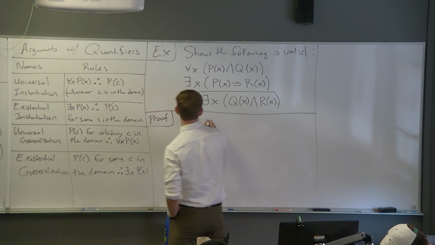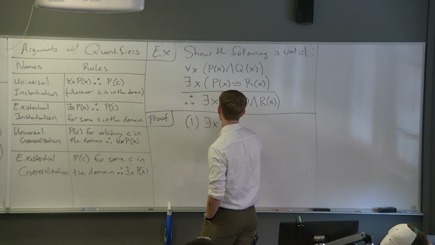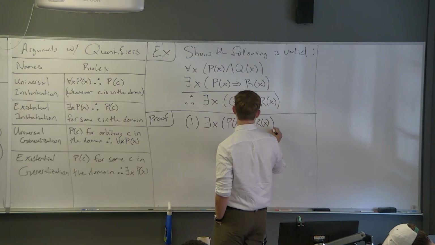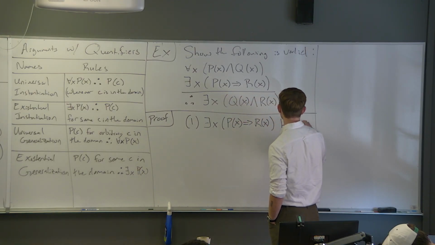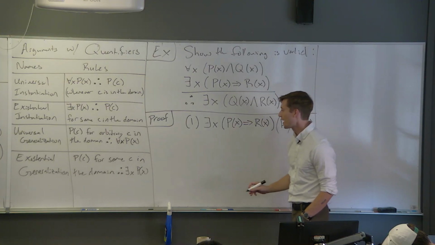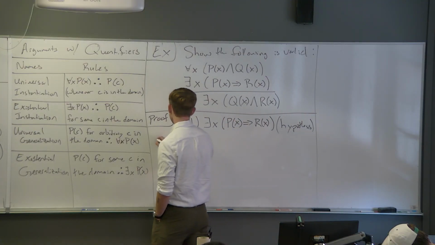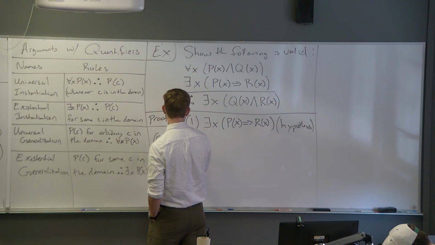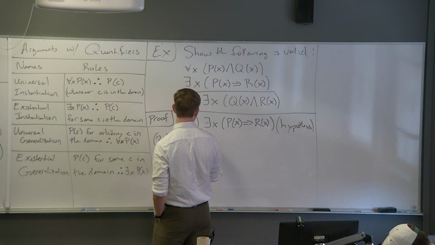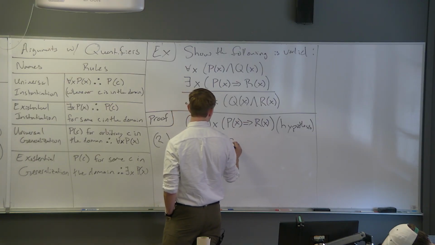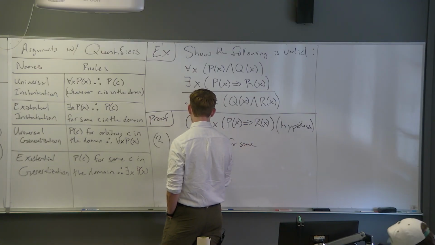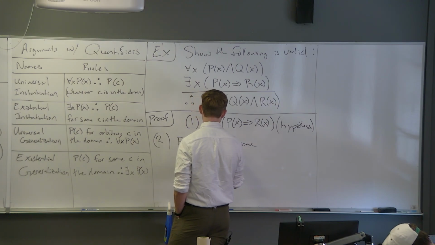So first thing, I will start out with there exists x such that p of x implies r of x. This is by hypothesis. Okay. Then perhaps I will do an existential instantiation. So let's say p of c implies r of c for some c in the domain.